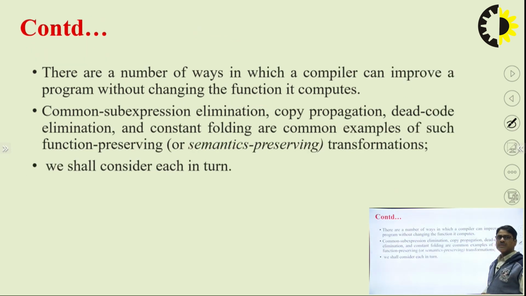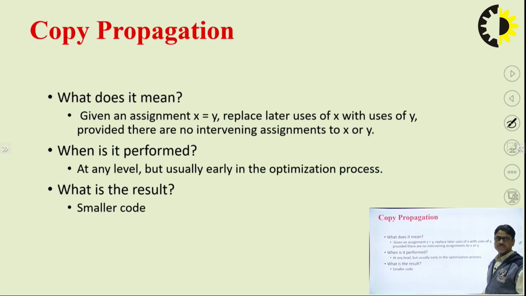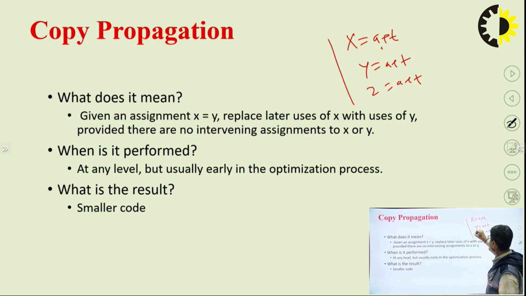There are a number of ways in which a compiler can improve a program without changing the function it computes. These are function preserving transformations. Now copy propagation, what does it mean? Suppose some statements are in the form x = a + t, y = a + t, z = a + t.